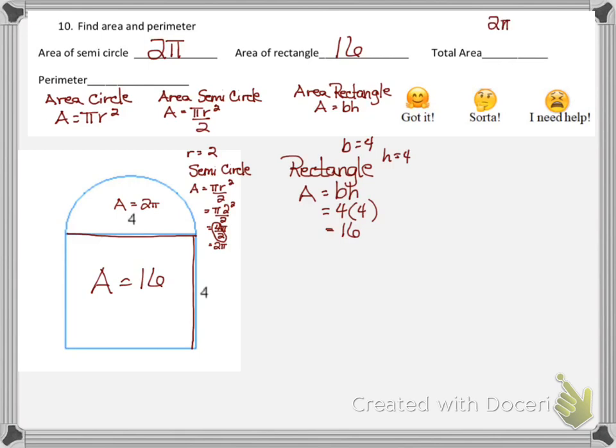So we take 2 pi plus 16, and if you put that into the calculator, it's approximately 22.283, going to 3 decimal places. And just remember that area is in square units, so this would be units squared.